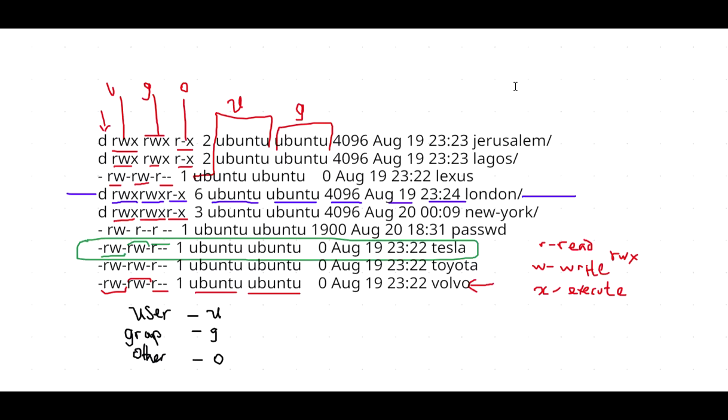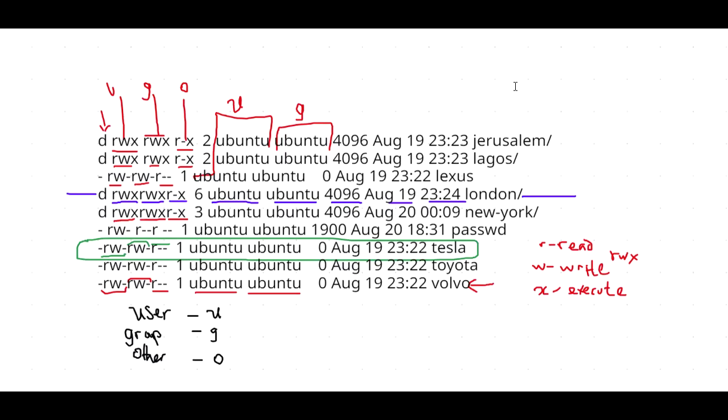Remember I said there are 4 parts. If you look at Lagos, it is also a folder, a directory. That's why you're seeing a D here. But look at the next file, Lexus, it is a file. It does not have a D. This is a directory, this is a directory, this is a file. Password is a file, Tesla is a file, Toyota is a file, Volvo is a file.